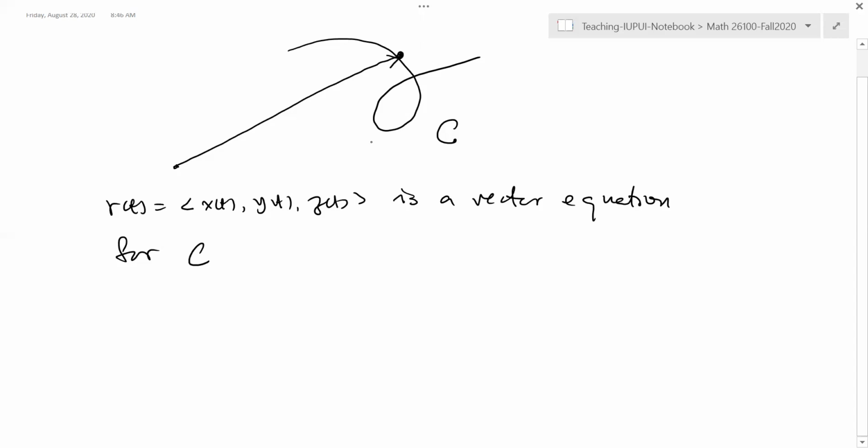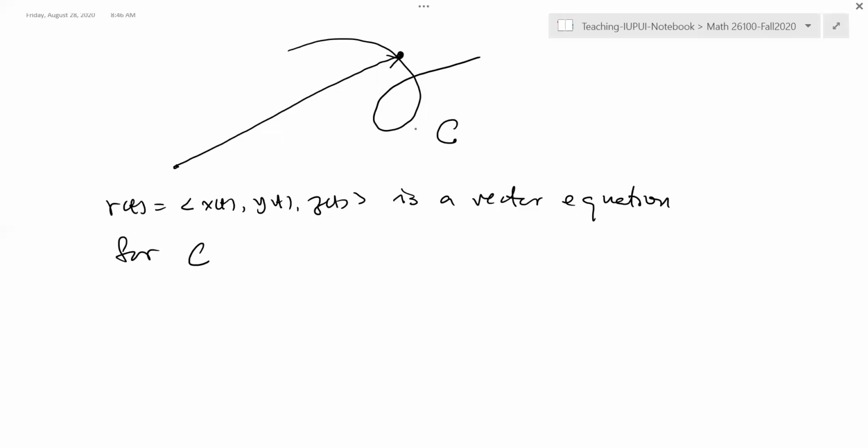You can move faster or slower, but it is still the same curve. The location of the object at time t gives you a vector function, and this is also called the vector equation for the curve.